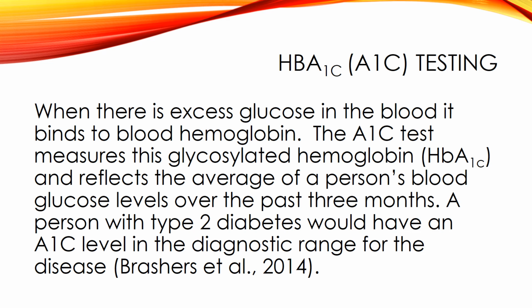When there is excess glucose in the blood, it binds to blood hemoglobin. The A1C test measures this glycosylated hemoglobin and reflects the average of a person's blood glucose level over the past 3 months. A person with type 2 diabetes would have an A1C level in the diagnostic range for the disease.